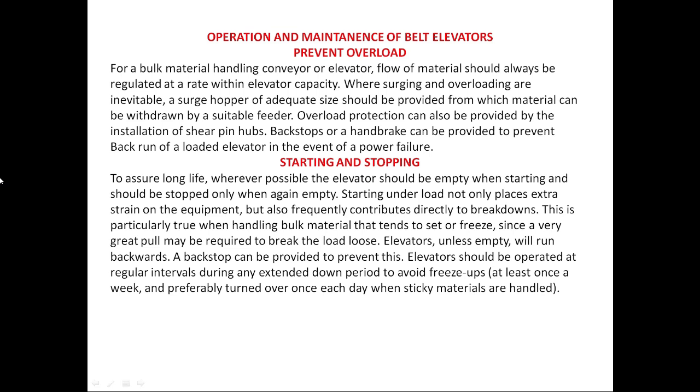A surge hopper of adequate size should be provided from which material can be withdrawn by a suitable feeder. Overload protection can also be provided by the installation of shear pin hubs. Backstops or handbrake can be provided to prevent backrun of loaded elevator in the event of power failure.